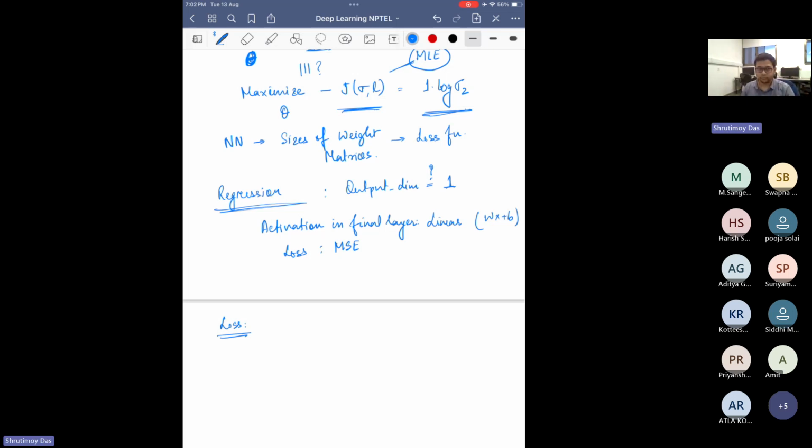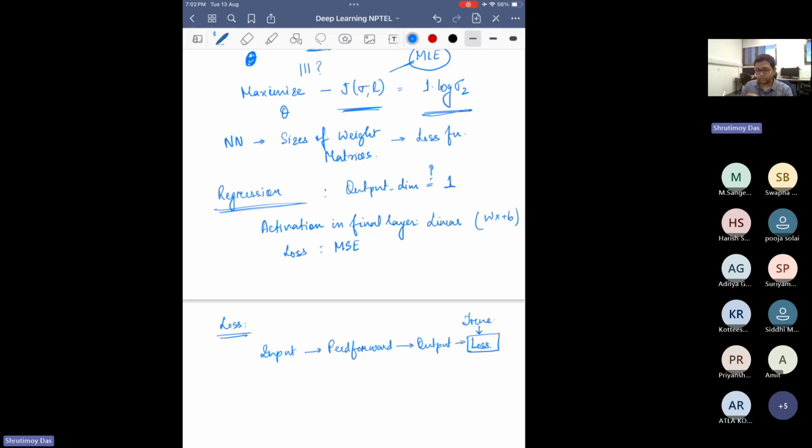No, we'll not go to testing yet. So you have some input, you run your feed forward algorithm on the network, you get some output, and you also have some true labels. So using the output and the true labels, we calculate the loss.